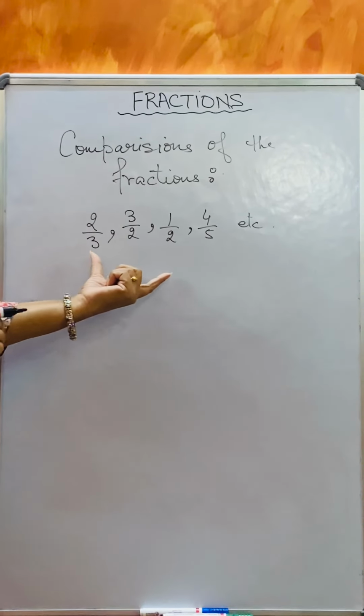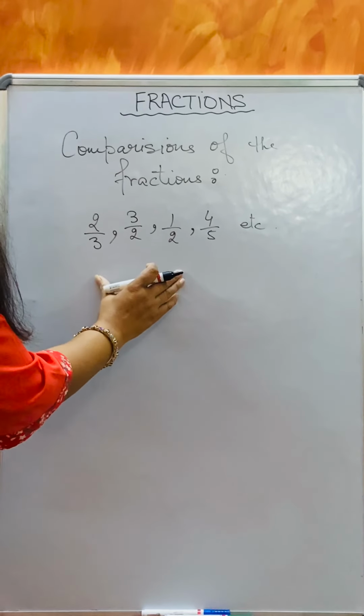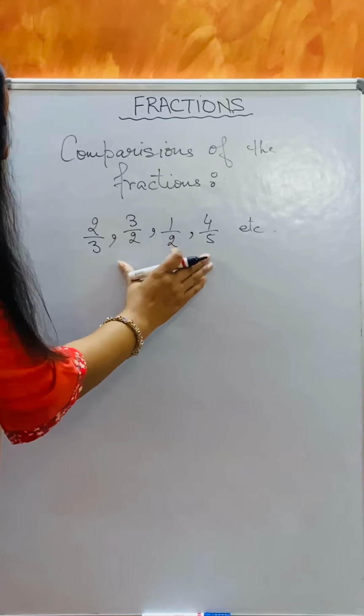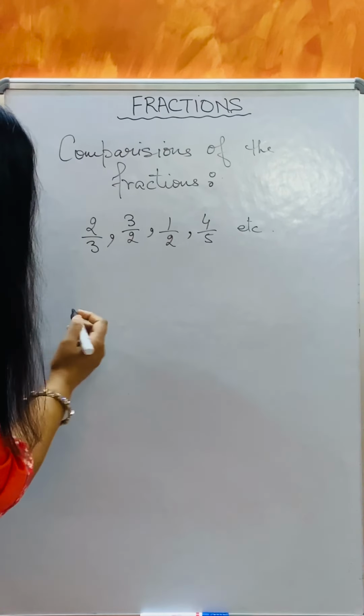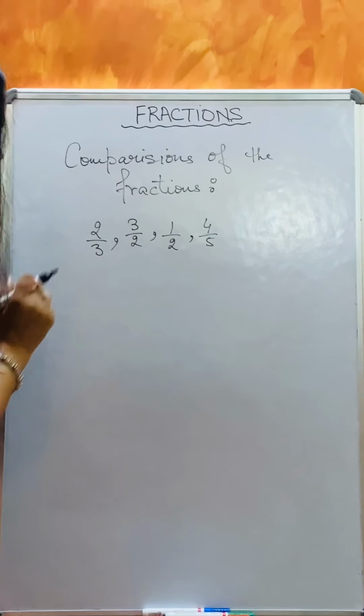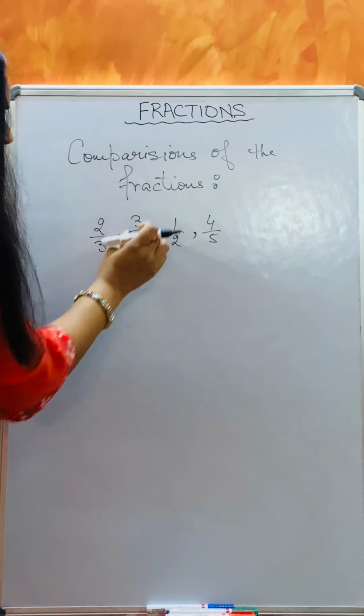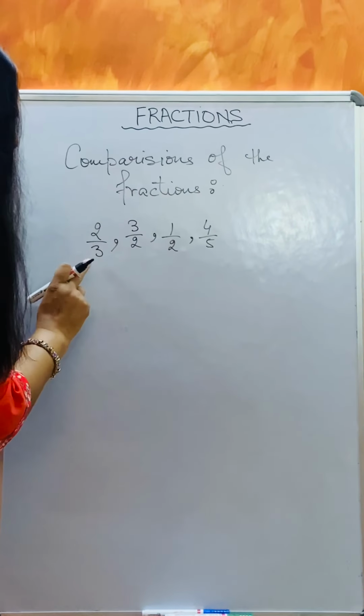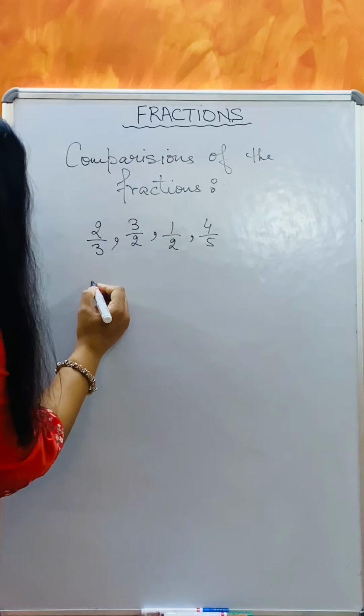For taking the like fractions, we have to take the LCM of the denominators. Now the LCM comes out to be 30. So each fraction has to be converted with the denominator 30. For example, 2 by 3.